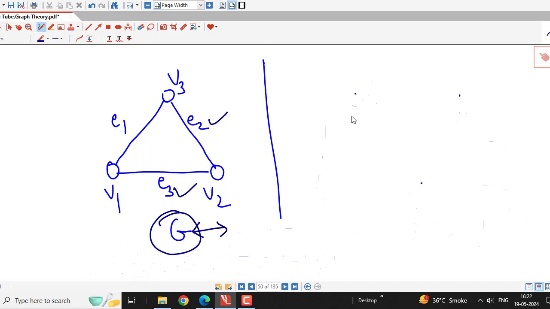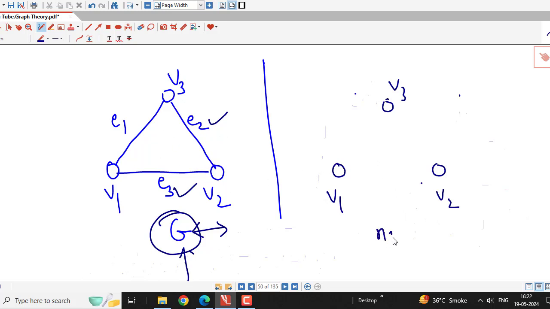And if we consider graph G and delete all the edges of graph G, then we obtain this graph. This is the graph obtained from graph G by deleting all the edges.